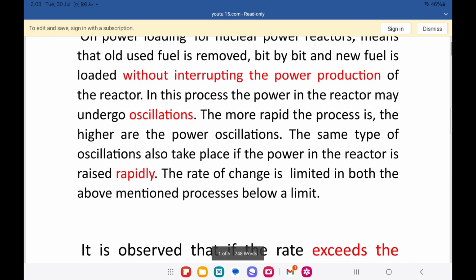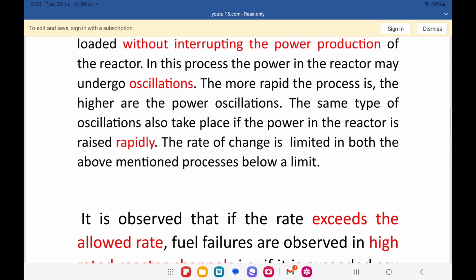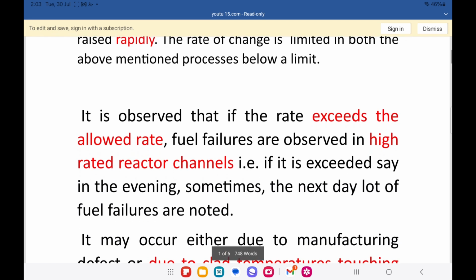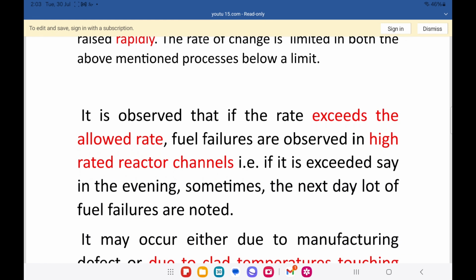The rate of change of power is limited in both the above mentioned processes below a limit. It is observed that if the rate exceeds the allowed rate, fuel failures are observed in high rated reactor channels.